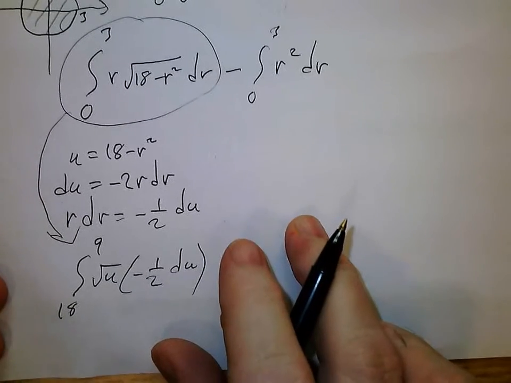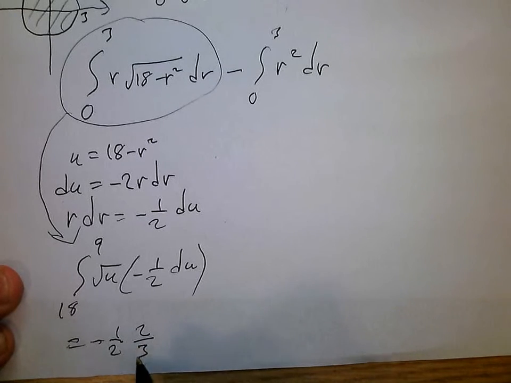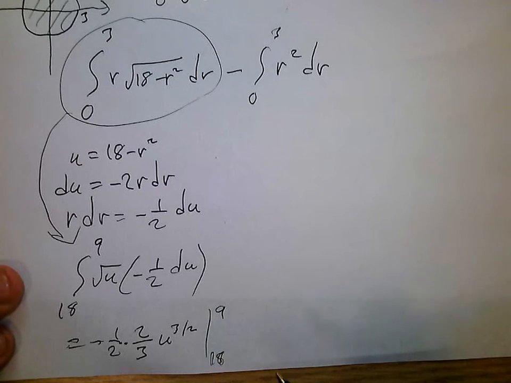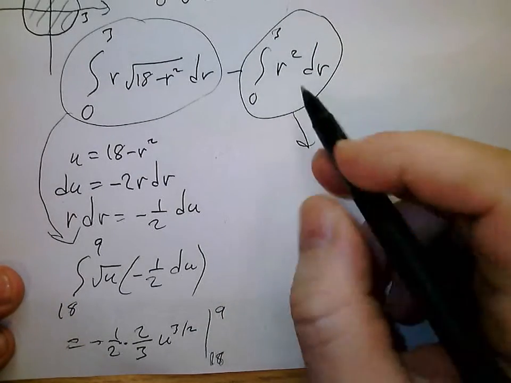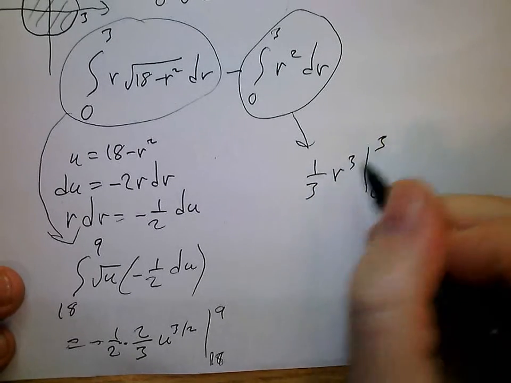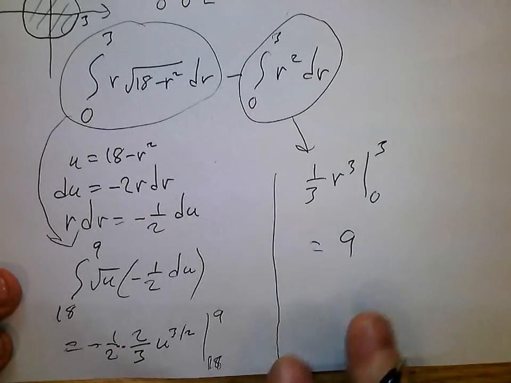So this is going to give us what? We're going to have negative 1/2, and then 2/3 u to the 3/2 from 18 to 9, right? For that one. This guy over here, though, is just going to be 1/3 r cubed from 0 to 3, or just 9.